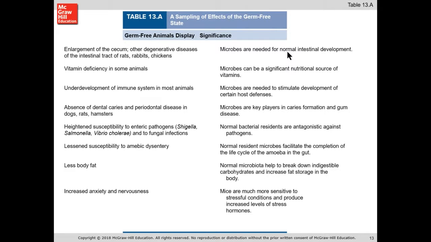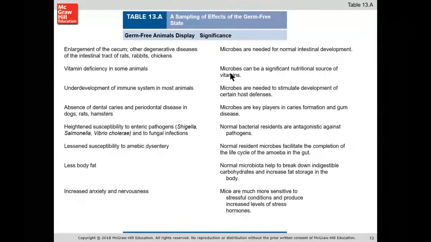Okay, so in other words, the bacteria are controlling the way that our body grows. We see vitamin deficiency in some animals, and we should know this from Bio 139 because microbes can give us a lot of our vitamins because they are living inside of us, digesting our food, and then the vitamins are a byproduct that our body can absorb.